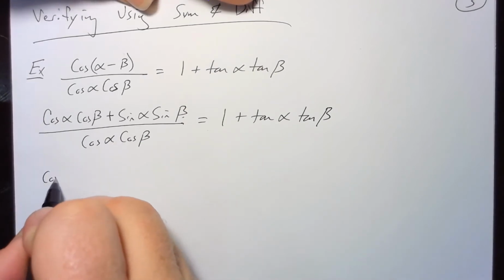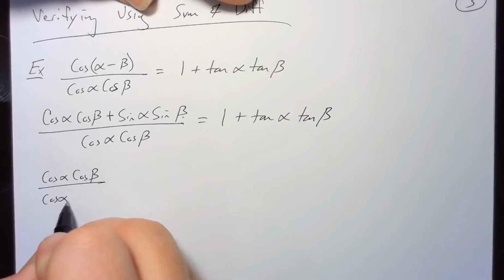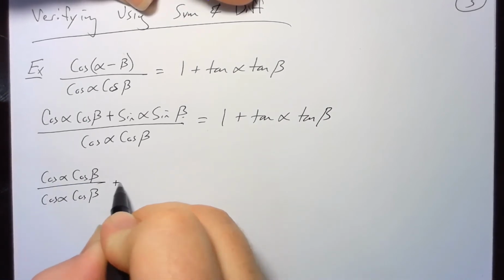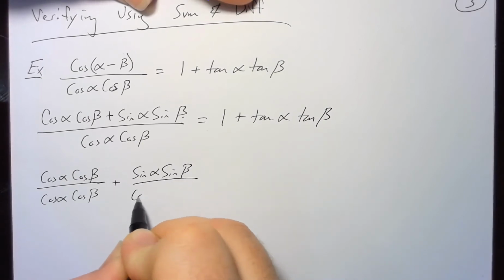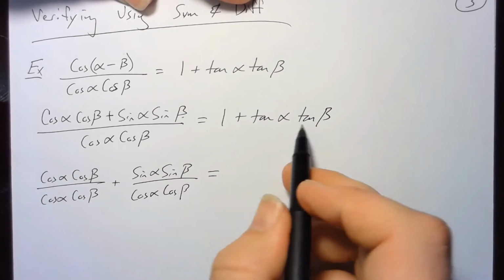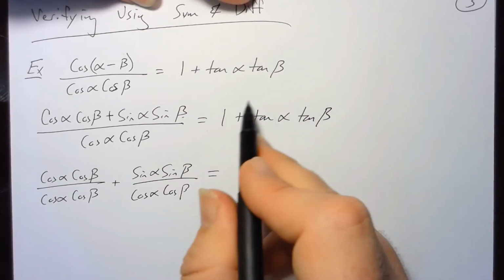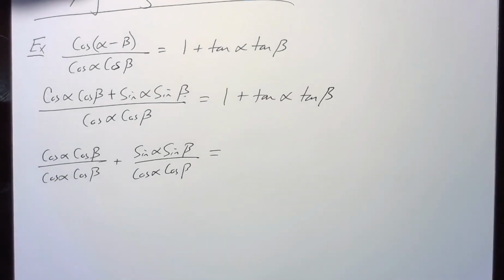So I'm going to have the cosine of alpha, the cosine of beta, divided by the cosine of alpha, the cosine of beta, plus the sine of alpha, the sine of beta, divided by the cosine of alpha, cosine of beta. This is still equal to this other side. I'm not going to modify this side. I'm going to leave it alone, so I'm not going to write anything down here, just to emphasize that I'm not changing that side.